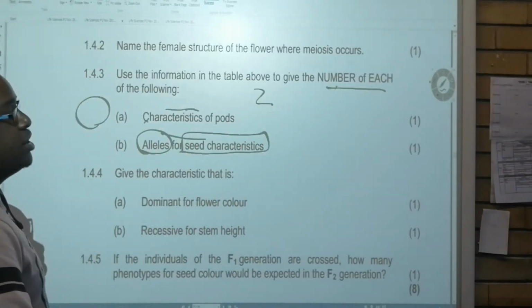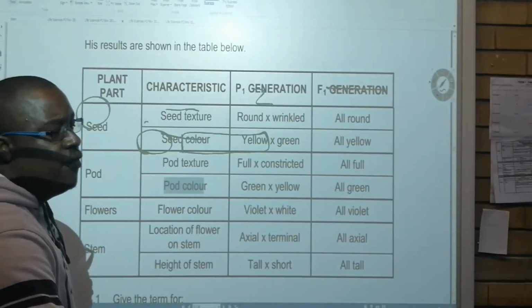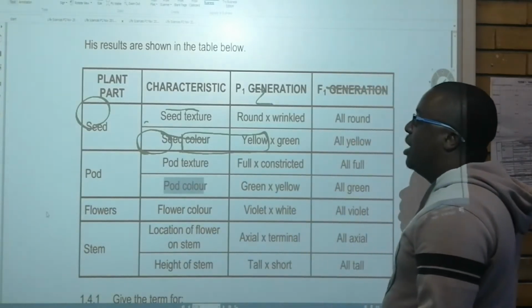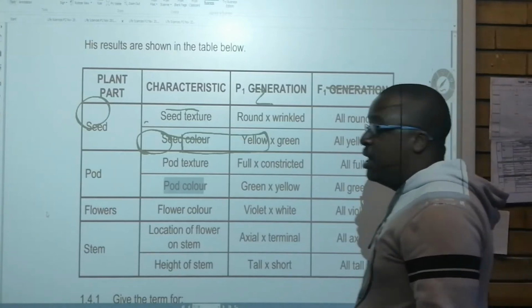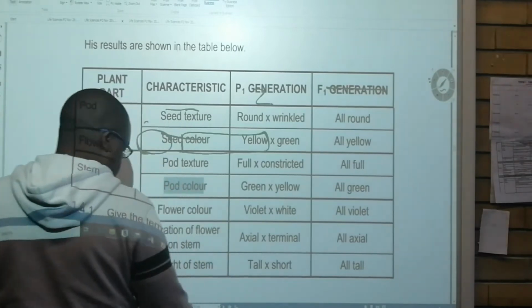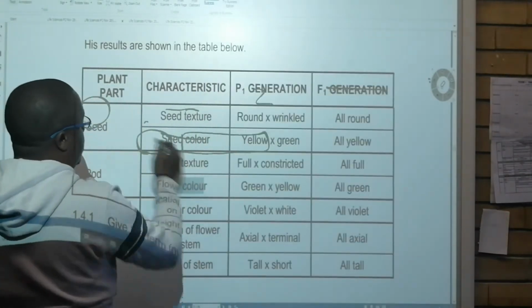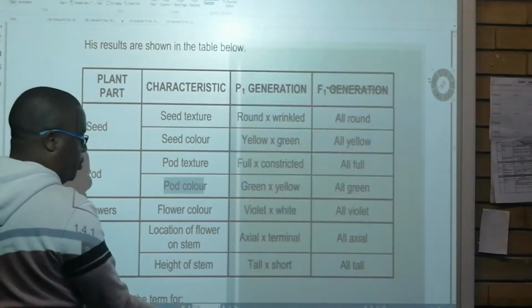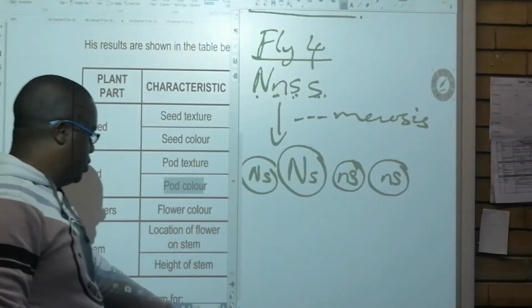In other words, from the table above, how many alleles did we have for seed characteristics? Let's go back to the question.